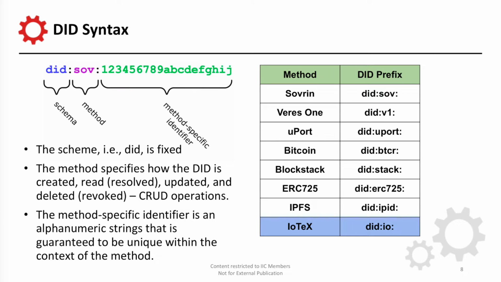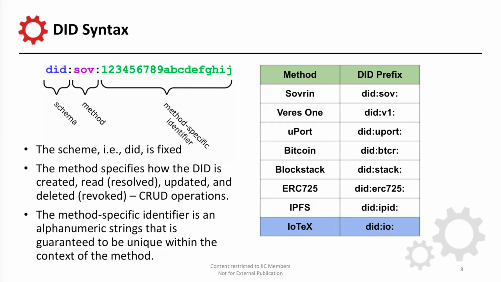This method or platform will define how to do the CRUD operations: create, read, update, delete. Each platform will define these four operations to support DID access. After these letters will be alphanumeric strings, which are guaranteed to be unique within the context of this platform.